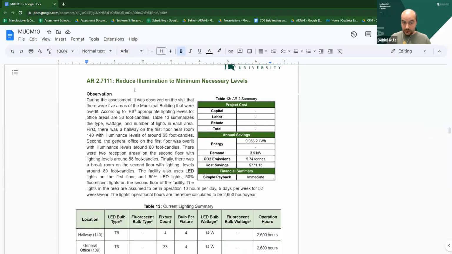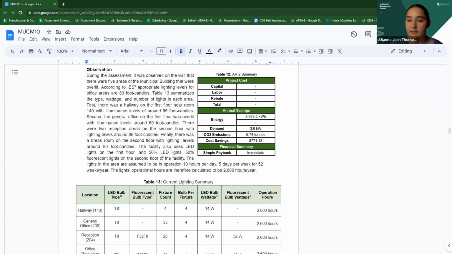So the next one is reducing the lighting levels. I think Juliana, yeah, I wrote this one as well. Also on the assessment, there were a few places where we noticed that the lighting level seemed a little bright. We go based off of IES appropriate lighting levels, which is about 30 foot-candles for office settings.